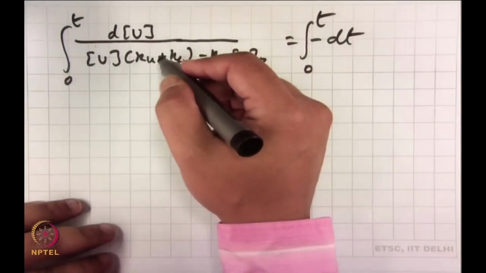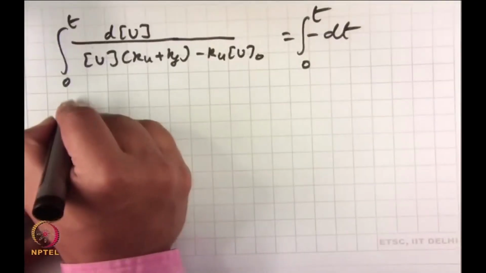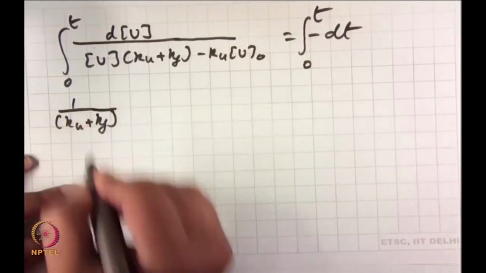Now, on the left hand side, what are you going to have? On the left hand side, see, this is just 1 by k u plus k f. Okay.